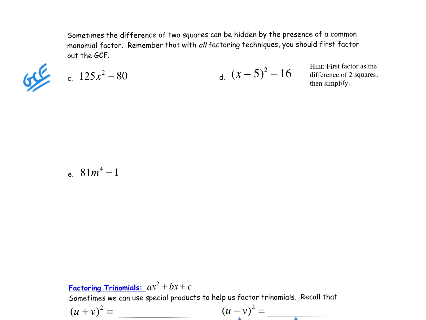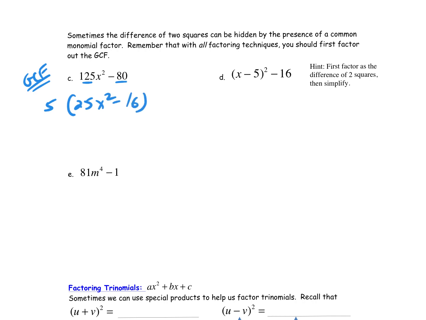the expression 125x squared minus 80. This is two terms. It's a binomial. It doesn't appear to be a difference of squares initially, but let's take out the GCF. So the greatest common factor between 125 and 80 is 5. That will leave us with 25x squared minus 16.